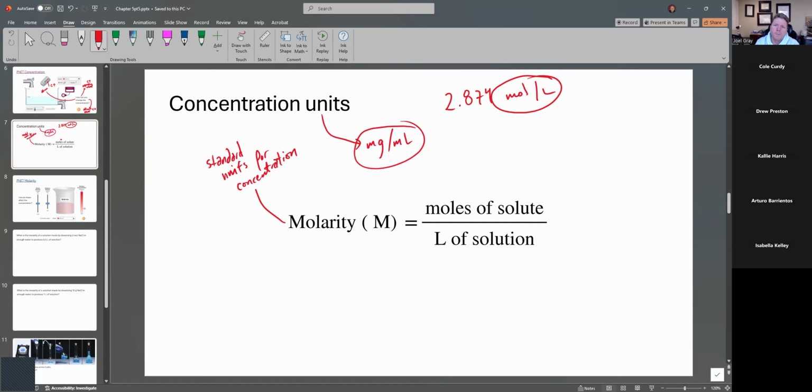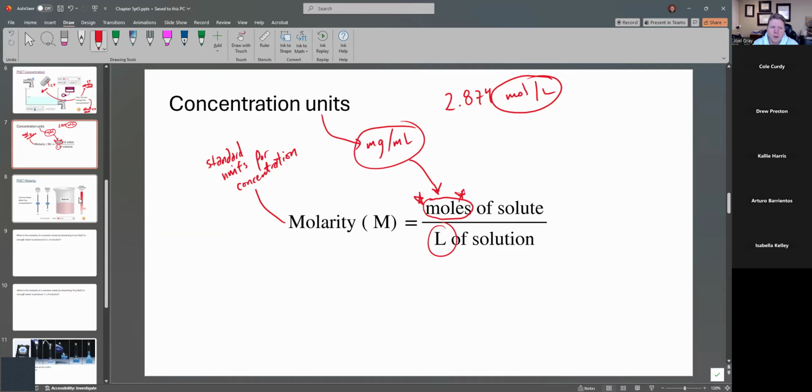Yeah, they can, but they have to convert it back to this. And why is that? Well, because chemists arguably only care about moles. And then they care about moles related to a total volume of the solution, which would be liters. Moles are the important units that chemists are interested in and care about.